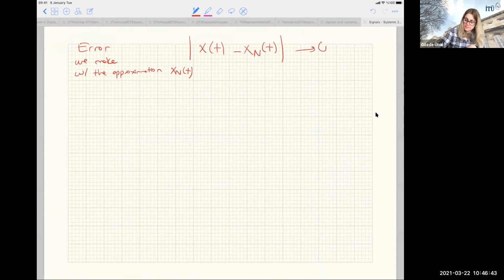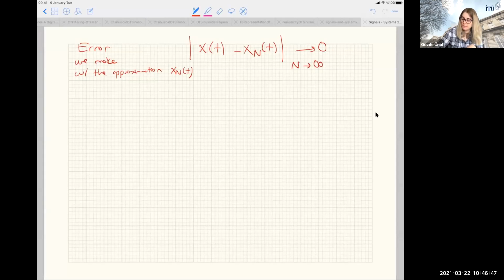The goal is we try to make the error we make with this approximation, x sub N of t minus x of t, in absolute value, the same thing anyway, this guy should go to 0 as this capital N goes to infinity.